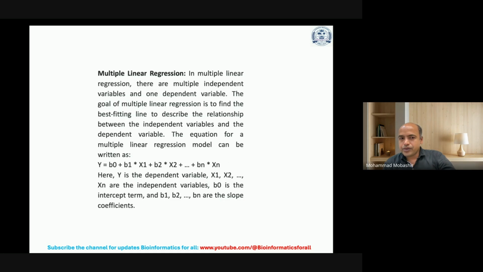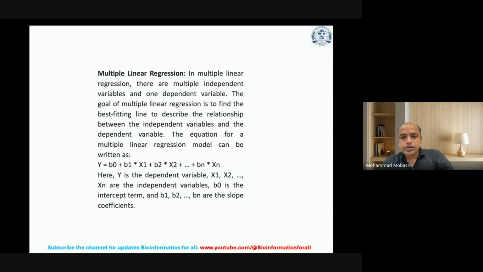The equation for a multiple linear regression model can be written as something a little bit bigger, or we can say more complex, than the previous equation. Here you can see B0, B1, B2, X1, X2, up to Bn and Xn. That means the number of variables could change.